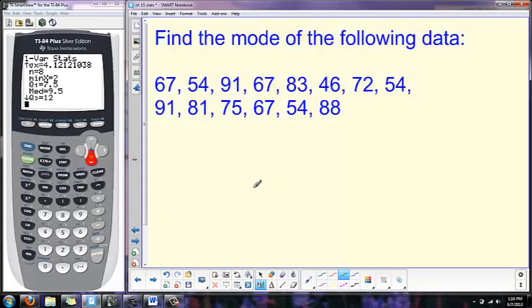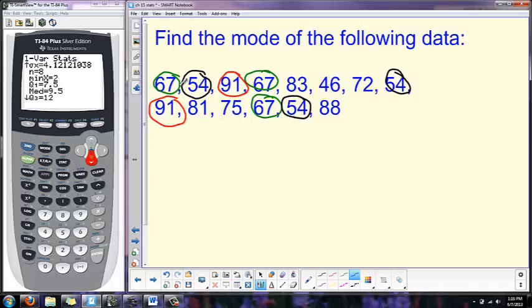Find the mode of this list. I see 67 here, here, and here. 54, 1, 2, and 3. 91 repeats twice. 83, 46, 72.